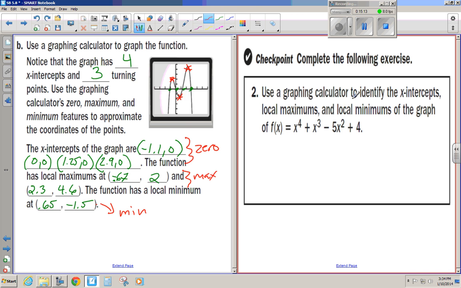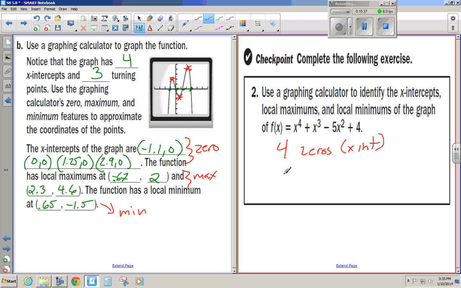All right, so same thing right here. Use a graphing calculator to identify the x-intercepts, local mins, and local maxes of these graphs. So please feel free, pause this video, and write down the fact that there should be 4 zeros or x-intercepts.